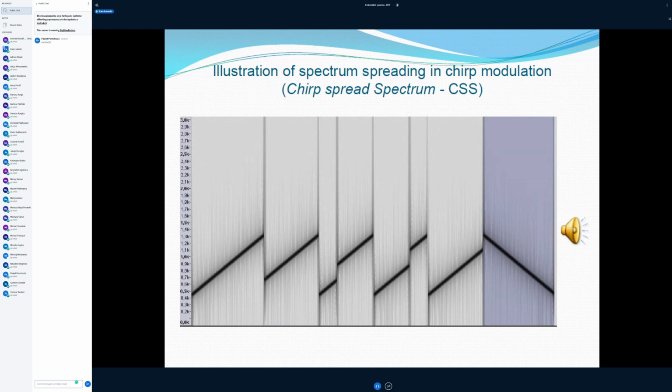So such symbols are emitted when we want to modulate our data.